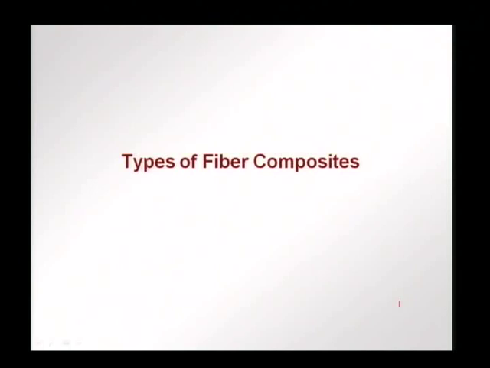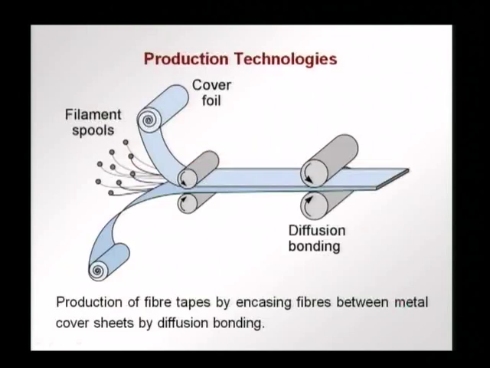Let us look at some different types of fiber composites. How are the fiber composites put together? In terms of the production, you can have fiber tapes, a tape that could be stuck on a surface to reinforce, that would be made by basically diffusion bonding.